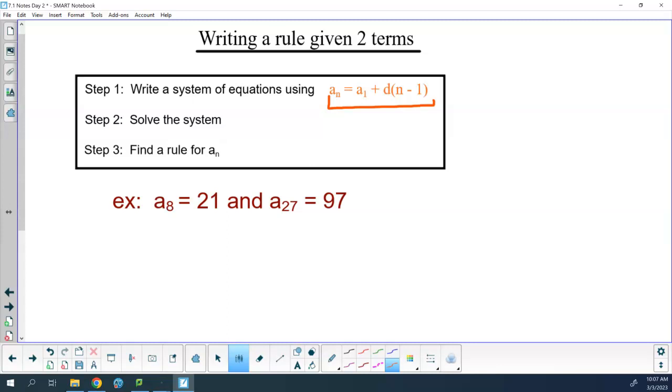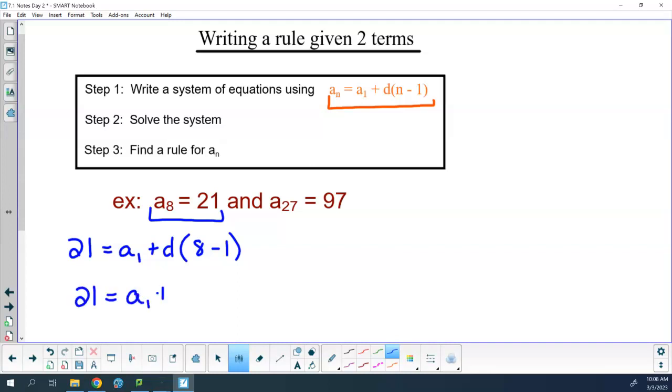So 21 is my a sub n term. I don't know my first term, a sub 1, or my common difference d, but I do know that 21 is the 8th term, so n is 8. That gives me the equation 21 equals a sub 1 plus 7d.